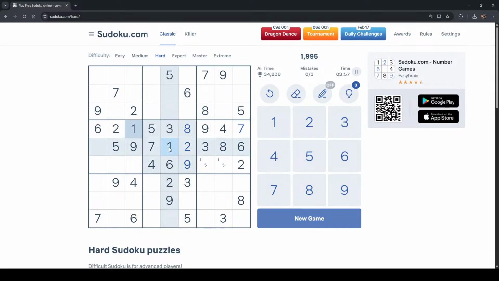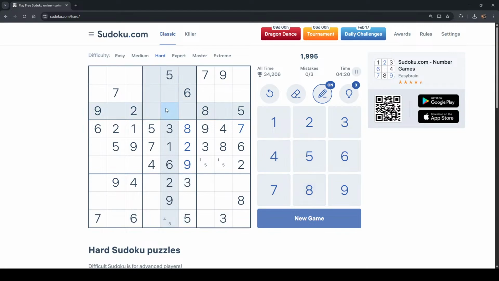So in the 5th column there's 1 2 3, and 4 is missing, then 5 and 6 there, then 7 8 is missing. So 4 7 8 is missing. We can see a 7 there in this row. So that basically means there should be 4 or 8 there, the probable ones.